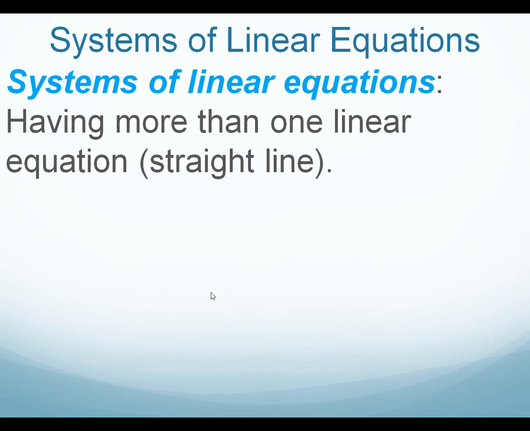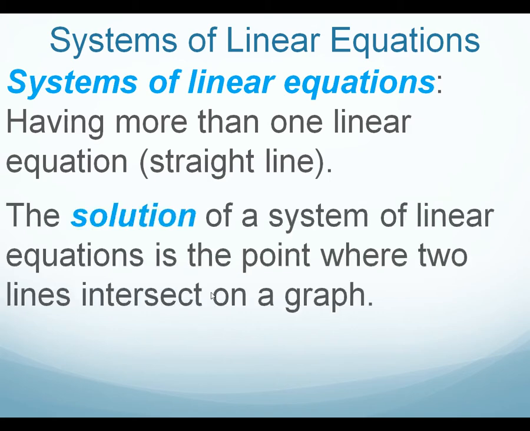Those are linear equations. Most of the questions we have, pretty much all of them, when we really get into the assignments, are only going to have 2 equations. And you're going to look at those 2 equations and find the solution. The solution of a system of linear equations is the point where the 2 lines intersect on a graph. So it's the point where the lines cross.